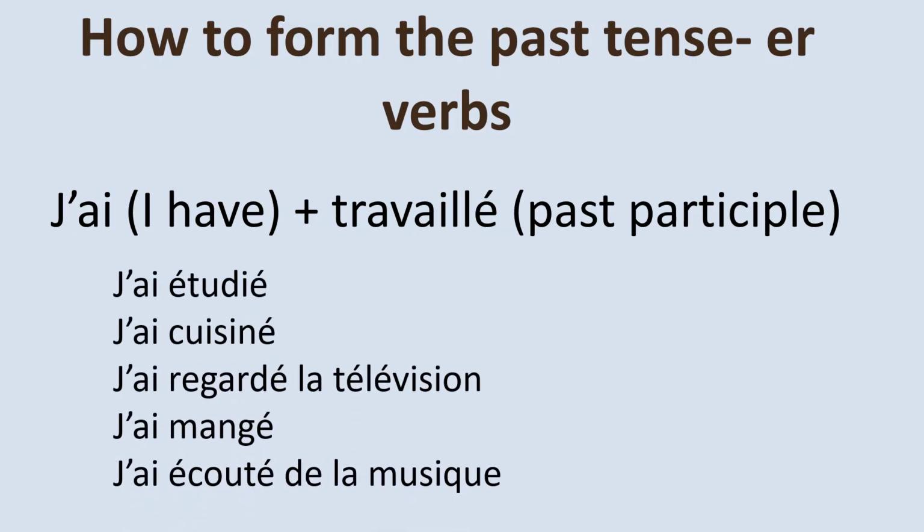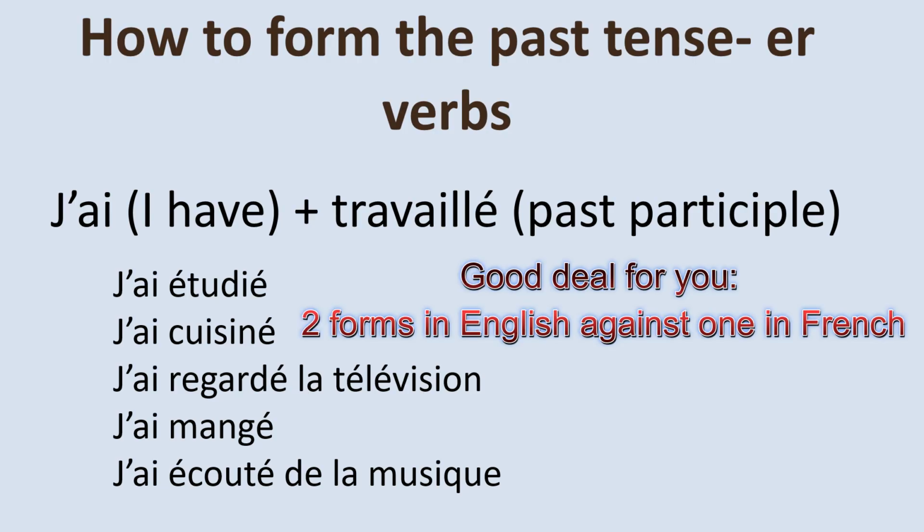This is what we get: j'ai étudié, j'ai cuisiné, j'ai regardé la télévision, j'ai mangé, j'ai écouté de la musique. In English, it could be I have studied or I studied, because we have two forms, but in French, we only have one. All right?